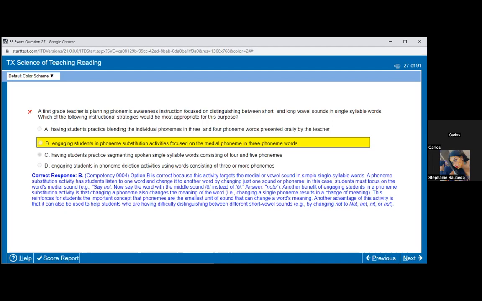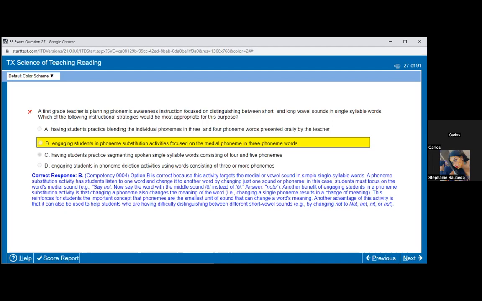B is the correct option, because this activity targets the medial or vowel sound in a simple single syllable word. So it's consonant, vowel, consonant, and we're going to substitute that medial sound, the vowel sound, to illustrate and have the students listen to see how one changes the sound of the word. A phoneme substitution activity has students listen to one word and change it to another word by changing just one sound or phoneme.